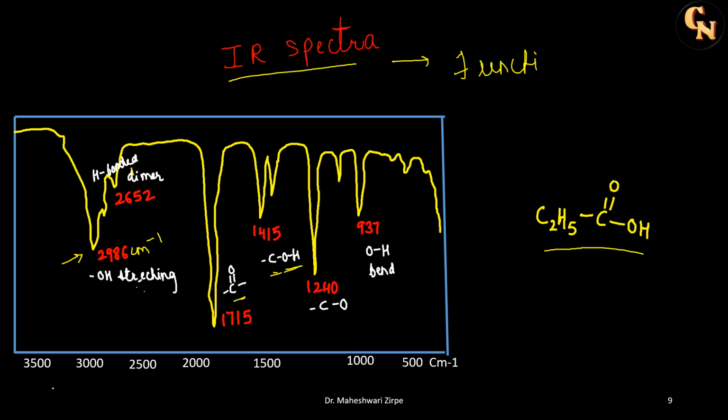So the IR spectra indicates that the molecule may contain carboxylic acid, that is the C double bond O and OH group, from the stretchings. Let us see the next one.